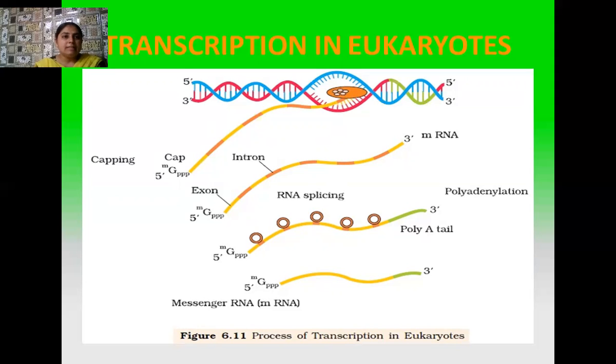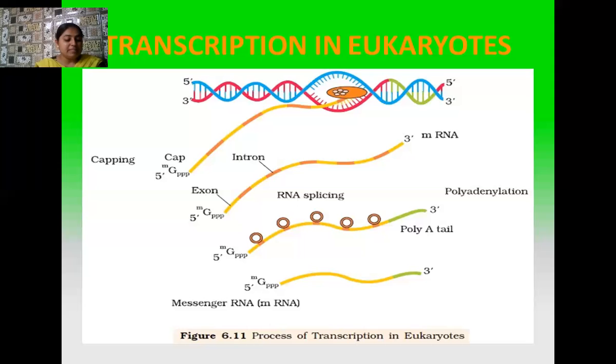Okay, students, the second type of RNA polymerase enzyme, RNA polymerase 2, is involved in the synthesis of the precursor of the messenger RNA, which is known as the heterogeneous RNA or hnRNA. All right.